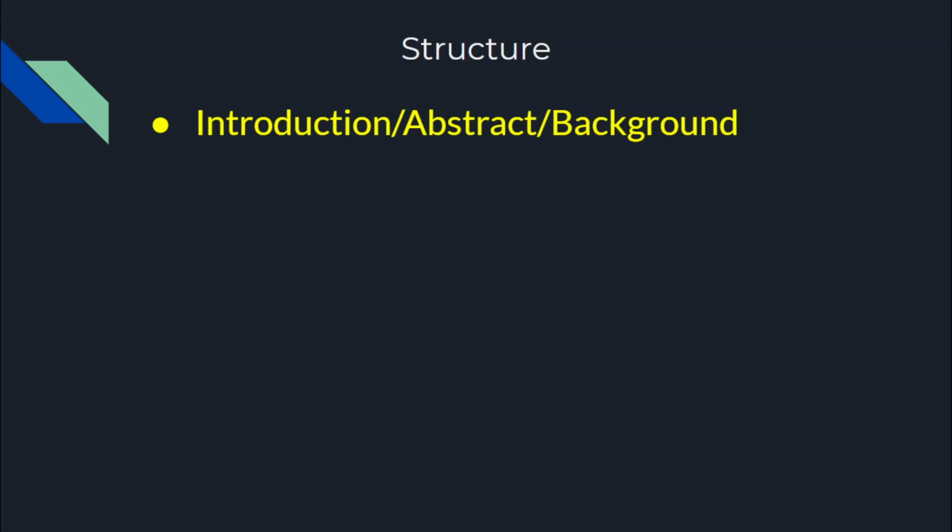Now, if we think about them separately, we might say that the introduction, the abstract, and the background are not very different from one another, but you can say the abstract usually comes first. We are talking about the abstract of a research proposal. The same thing might also apply to the abstract of the research paper, the final paper.